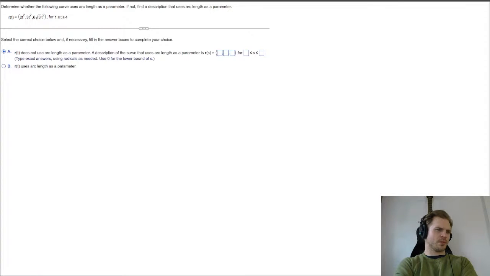Oh, interesting. Oh, that's freaking cool. This establishes a relationship between s and t. Knowing this relationship explicitly, we can.